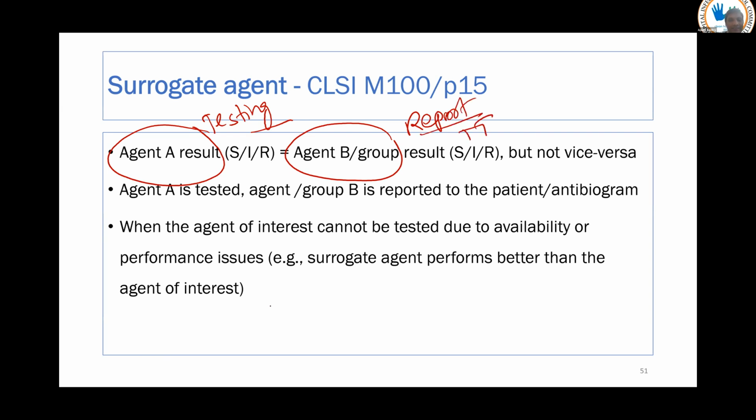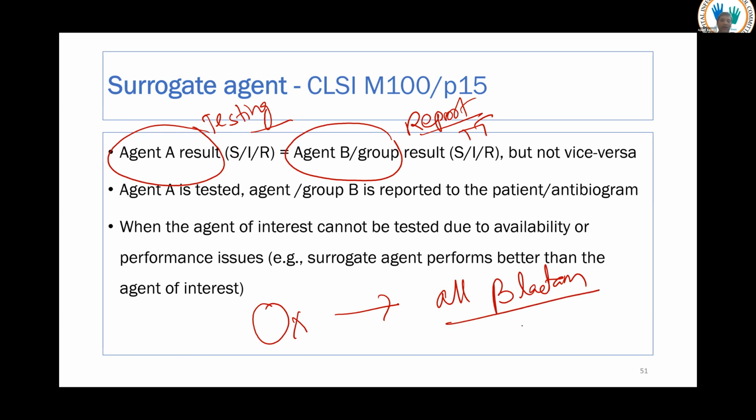The classical example is oxacillin, a surrogate marker for all beta lactams against Staphylococcus aureus. Oxacillin is not given for treatment. What is given for treatment is cloxacillin, dicloxacillin.